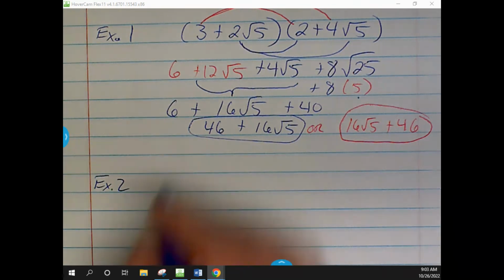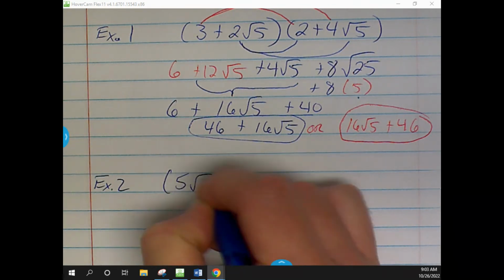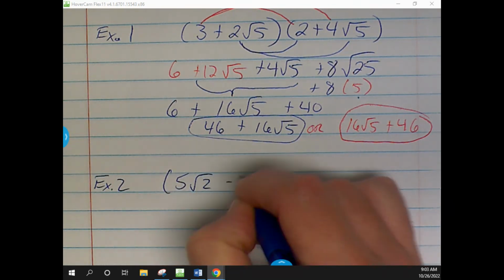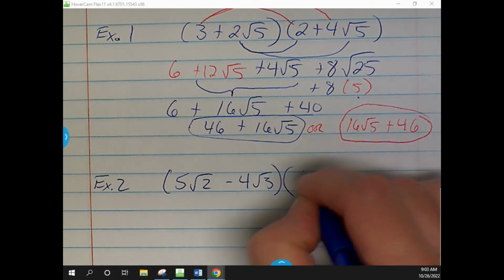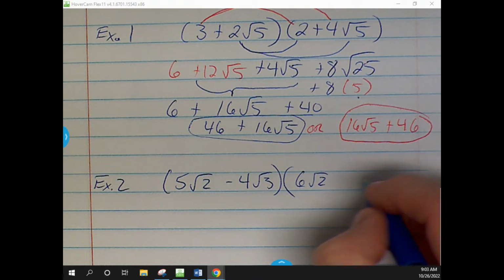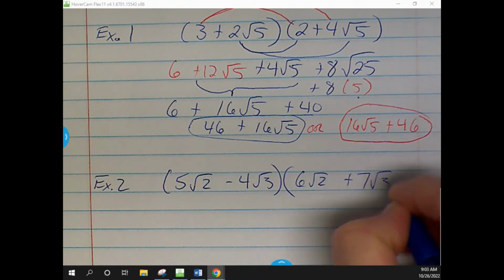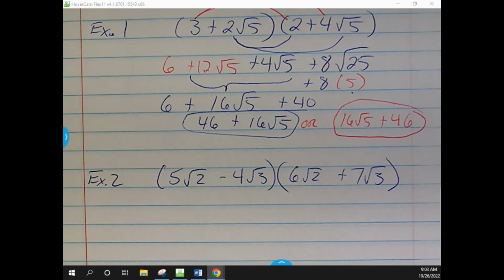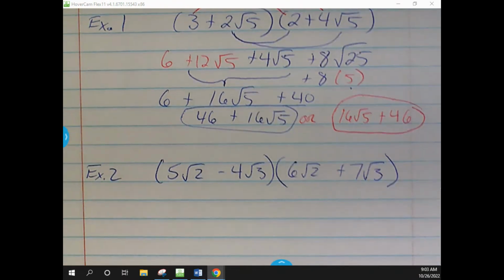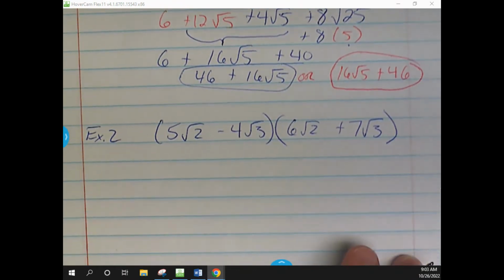All right, so let's go another one. Throw a few more square roots at you on this one. All right, so let's go with 5 square root of 2 minus 4 square root of 3 times 6 square root of 2 plus 7 square root of 3.